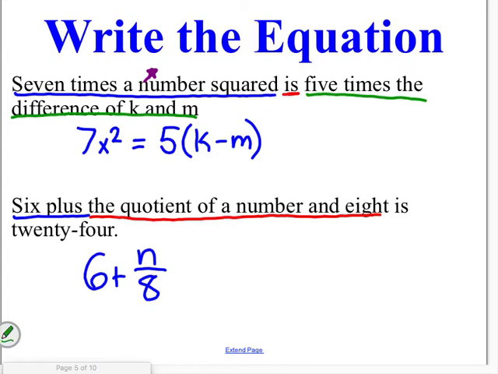Then we've got our "is," which stands for our equal sign, and 24, which tells me that the whole thing is equal to 24. So similar to what you were doing with expressions last chapter, you're going to have to read the sentence, break it down piece by piece to turn it into its numerical equivalent.